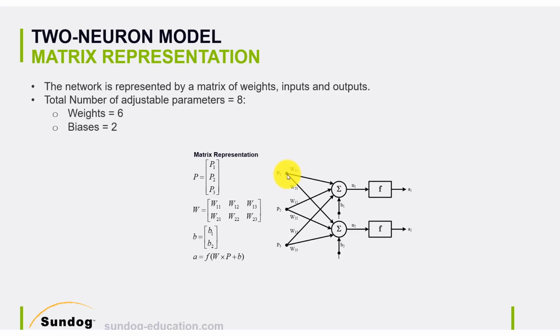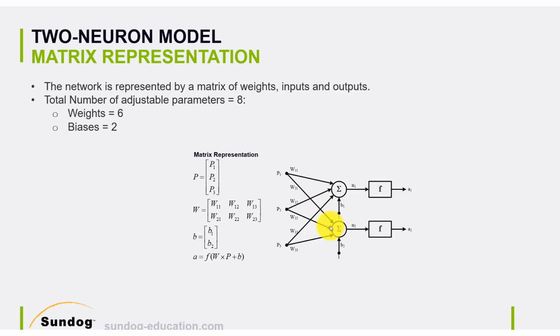The input P1 will be sent to the first neuron and the second neuron. And the weight value is very important. Weight 1,1 is the weight going from the first input to the first neuron. Then we have weight 2,1, which is the weight going from the first input to the second neuron.